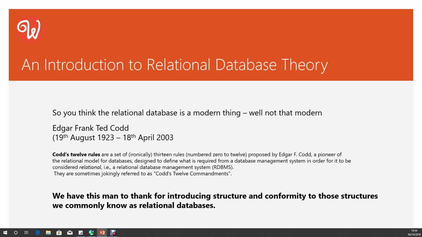He pioneered those databases, he defined the requirements, and he gave us a structure and conformity which all of our relational database models tend to follow, which allows us a bit of a common platform. These are jokingly referred to as Codd's 12 commandments.